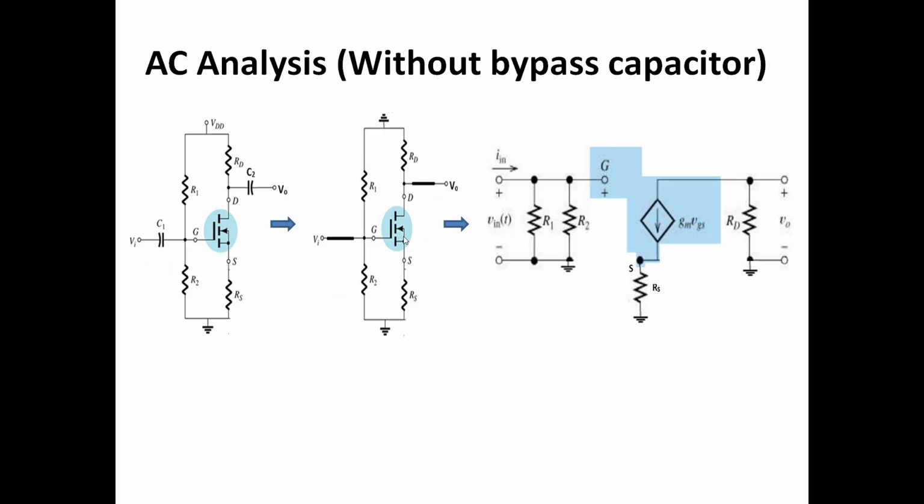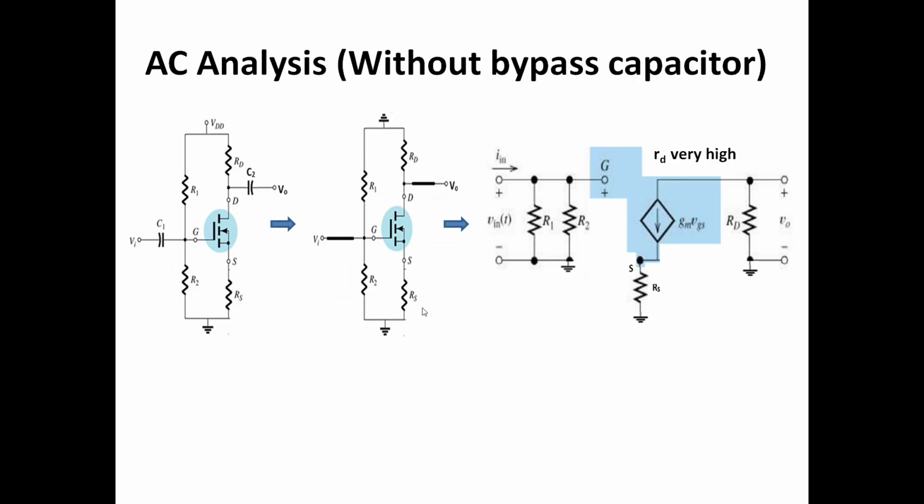Here, the MOSFET is replaced with a voltage dependent current source. The smaller RD which is parallel to this voltage dependent current source is very high, so we have considered that terminal open, and we have not mentioned the smaller RD here.